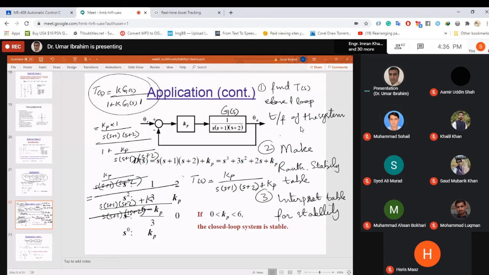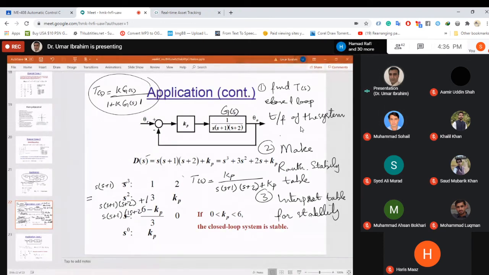Okay. Now, our characteristic equation. What is the characteristic equation of the closed loop transfer function in our case? It is s into s plus 1 into s plus 2 plus kp, that comes out to be equal to 0.